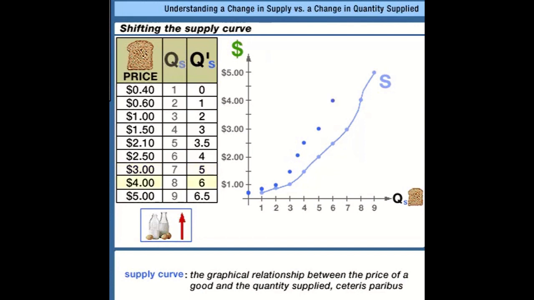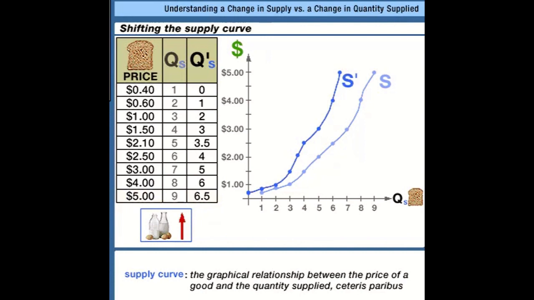And finally, we get 6.5 loaves at a price of $5 per loaf. So that's going to be this point up here on the diagram. $5 on the vertical axis and 6.5 loaves on the horizontal axis. I'm trying to be careful here, make sure that my numbers line up. 5 and 6.5. Now I can connect these dots because all the prices and quantities in between are imaginable, and I'll label my new curve S prime.